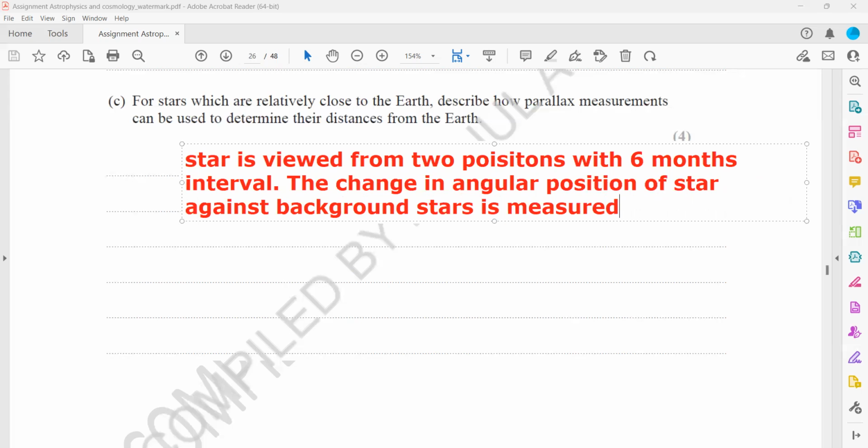Then we use trigonometry to calculate the distance to the star, and the diameter or radius of Earth's orbit is known.